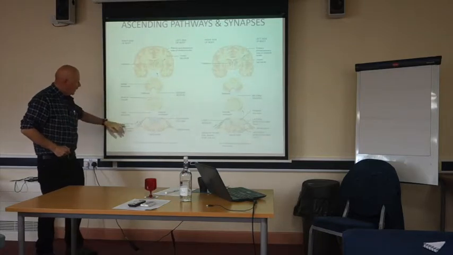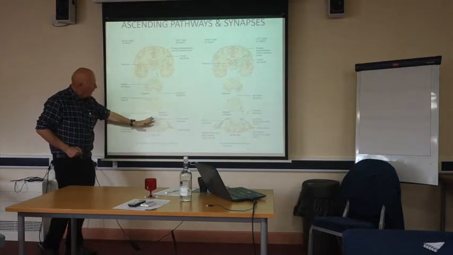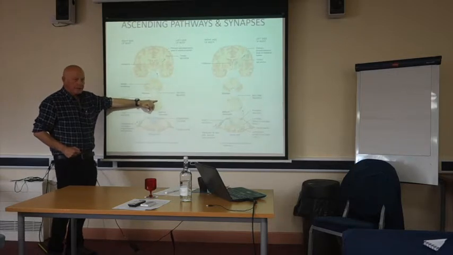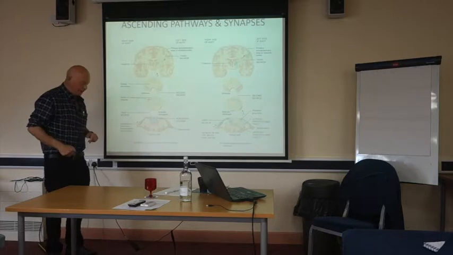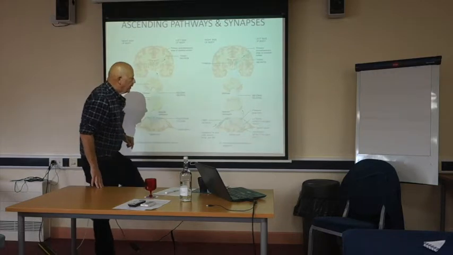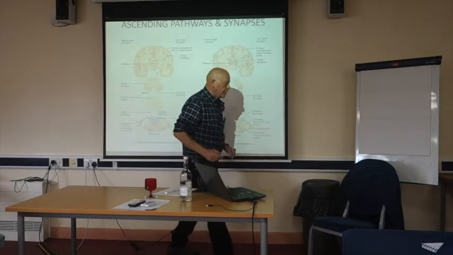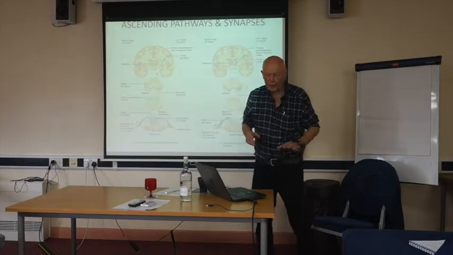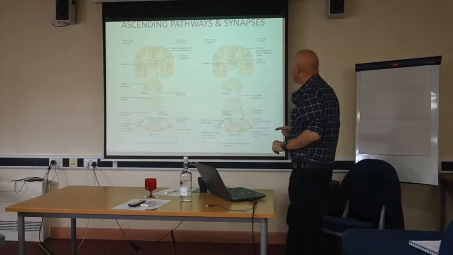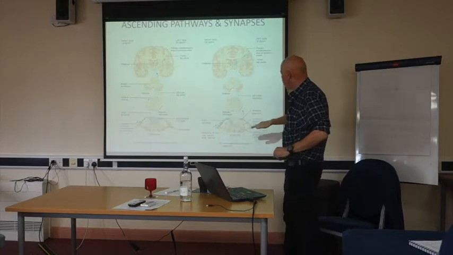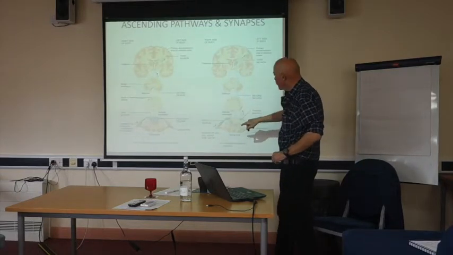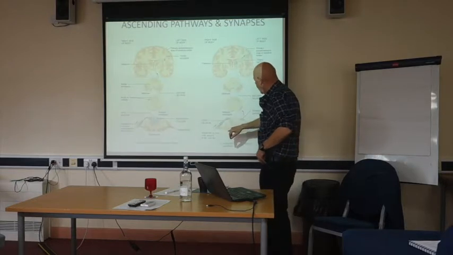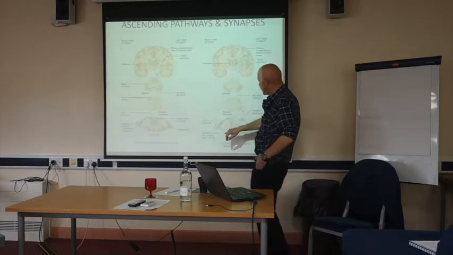So they come in and cross in the medulla, like we were talking about the other ones crossing in the medulla, coming down. Then they're the pathways that are going through the dorsal columns. This one, you've got the pathways coming through from the spinothalamic tract.